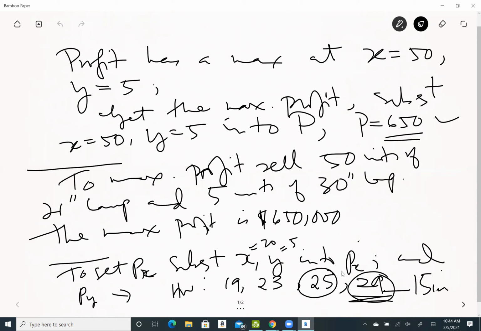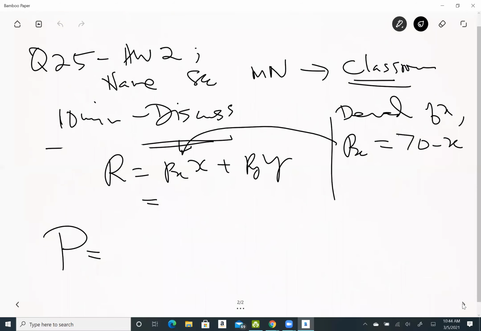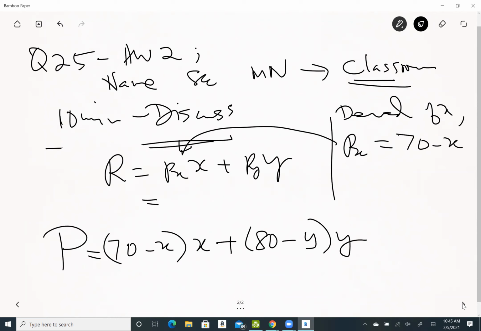Okay, so you do the revenue, and then we get the profit. What is the profit function? What do you get for the profit function? I write down the profit now. So you got 70 minus X multiplied by X, plus, for the demand for Y, 80 minus Y times Y, and then everything you minus 2XY.